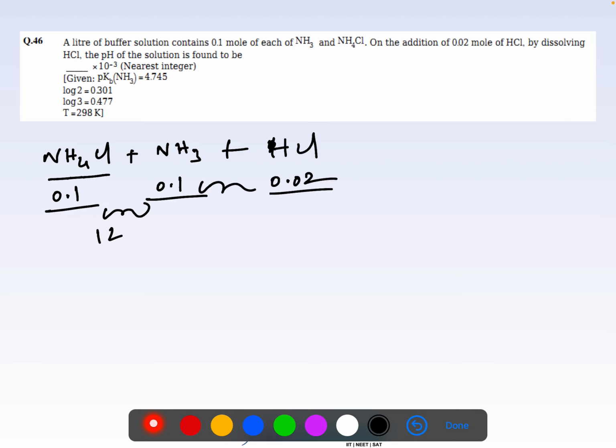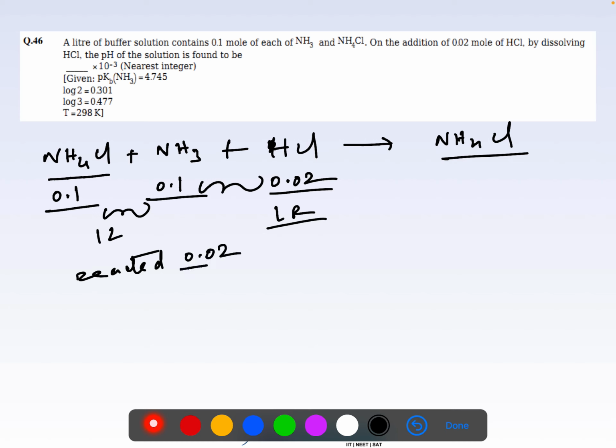So HCl and ammonia will react to form NH4Cl, that is the salt. Since HCl is the limiting reagent, the reacted amounts will be only 0.02 moles of ammonia and 0.02 moles of HCl.